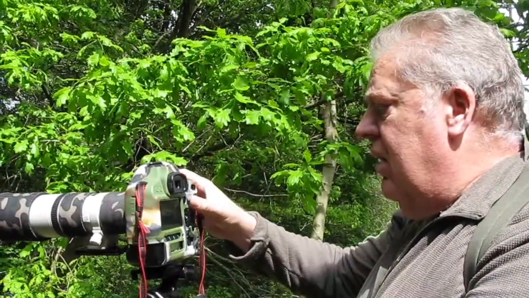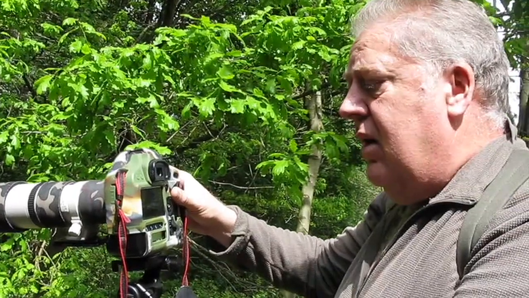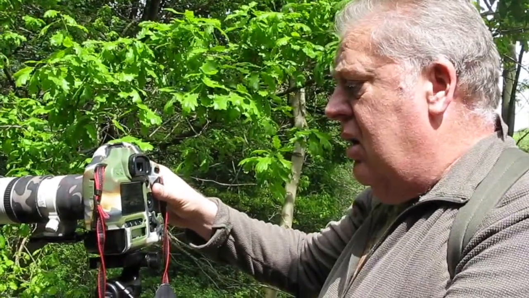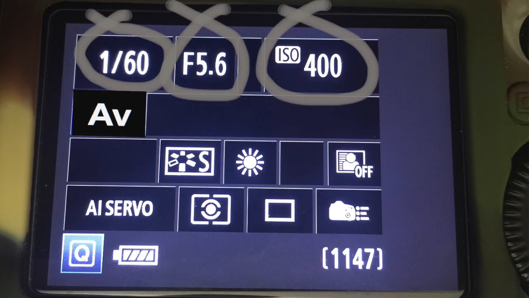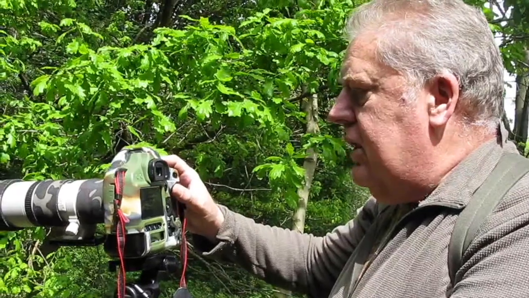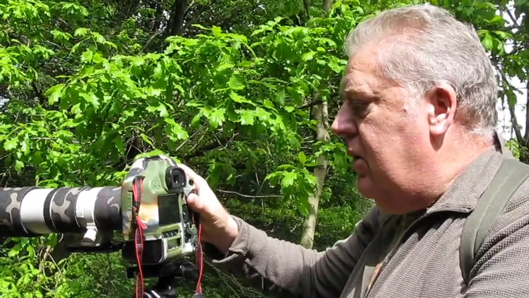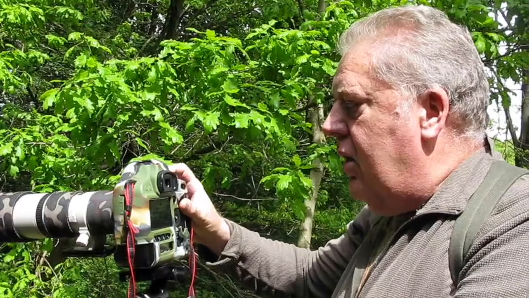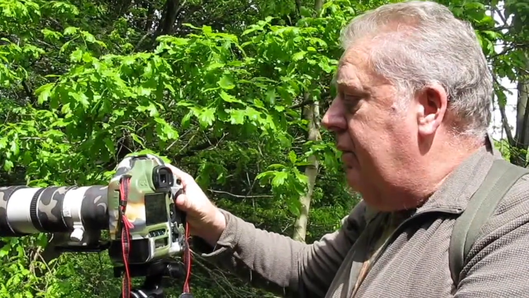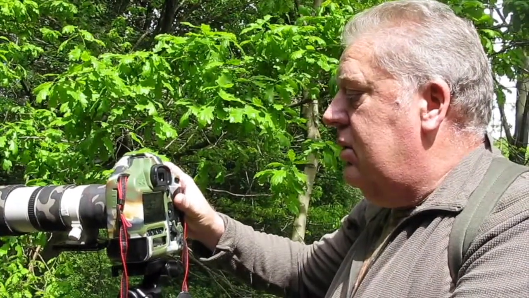So at the moment, again 400 ISO, f5.6, I've got a 60th of a second, which is too slow for anything with wildlife. So first thing I'm going to do, because I can't lower the f-stop and get a bigger aperture, because that's the maximum this lens can do, is go with the ISO, and I'm going to put that up to, let's say, 1000.